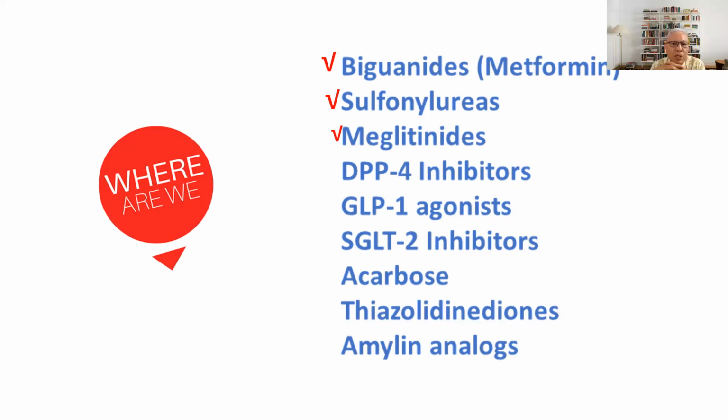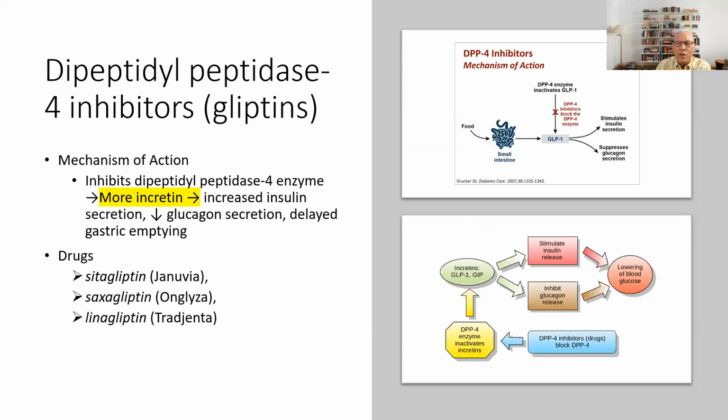DPP4 inhibitors. They stand for dipeptidyl peptidase 4 inhibitors. And so let's take a look at these drugs carefully. So dipeptidyl peptidase 4 inhibitors, or the gliptins, are also going to be oral antidiabetic agents. Now, what I want you to know is that DPP4 is an enzyme.